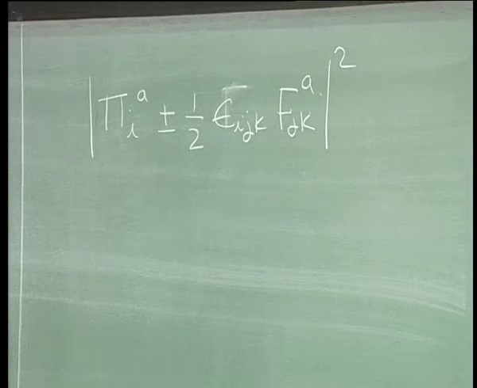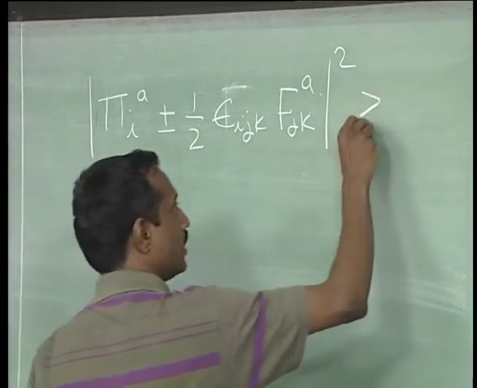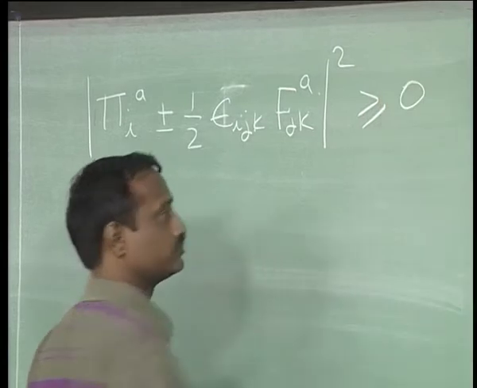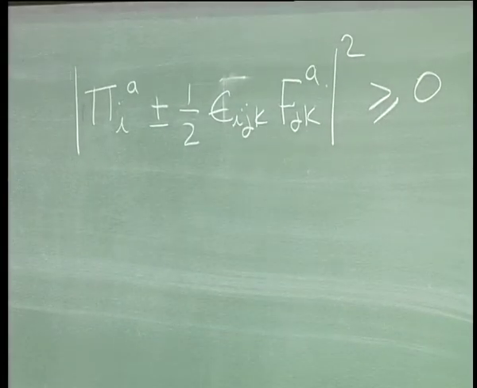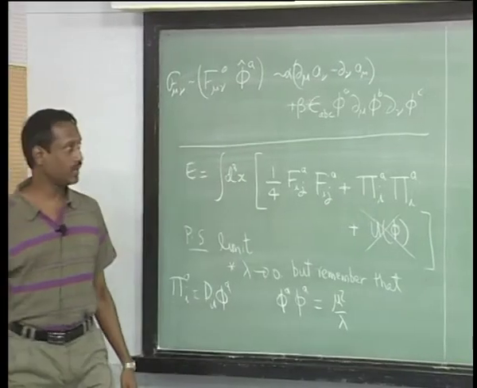This quantity is greater than or equal to 0. This is not yet the energy density, but we will expand it and we will get two terms which are exactly this.